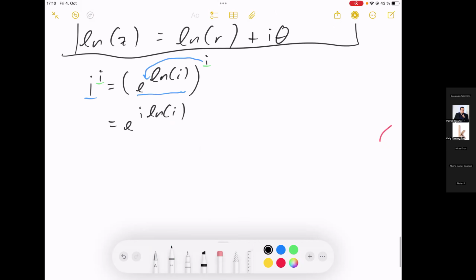Now I can try to simplify this further. I can try to move out the i, and I can say, well, this is e to the i times ln 1, and ln 1 is just 0, but you'll see soon why, plus i times pi half.